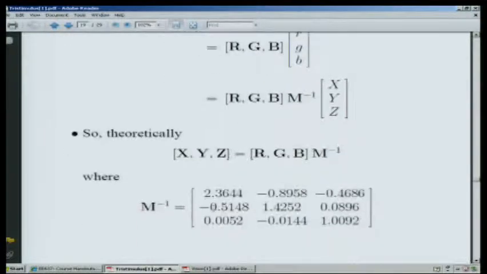If I calculate M inverse, I get these numbers here. But these are negative. So how am I going to work this? Because I have to have negative amounts of primary in order to calculate the primaries for XYZ.